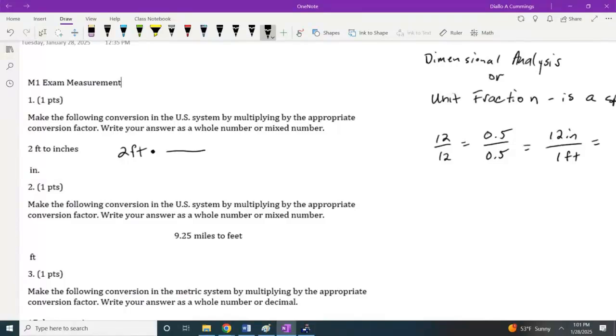That special form of 1. So I'm going to use the conversion that 12 inches is 1 foot. However, I want to be careful on how I situate my units. Since I want my unit of feet to cancel, I'm going to put feet in the denominator. And since I want to convert from feet to inches, I'm going to put inches in the numerator.